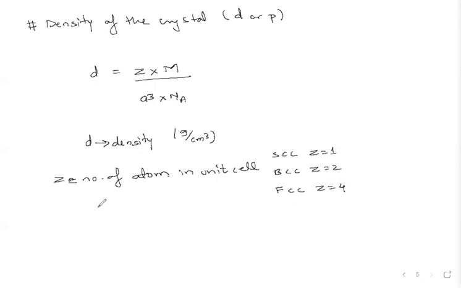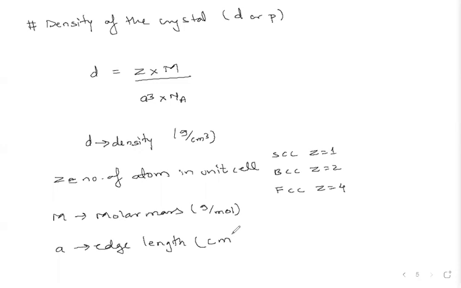M stands for the molar mass, whose unit is gram per mole. Then we have A called edge length, unit in centimeter. And Na stands for Avogadro's number, the value is 6.022 into 10 raised to 23. Clear?